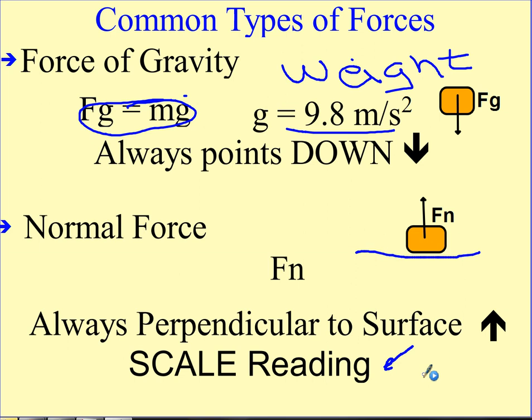The scale is reading the normal force. So if I say that the scale reads 600 newtons, then you know Fn, or the normal force, is equal to 600 newtons. All right.